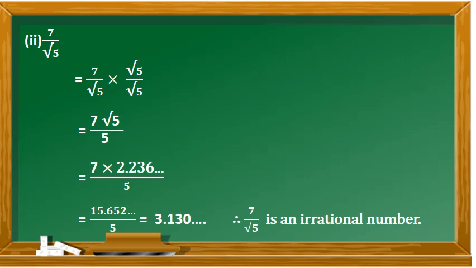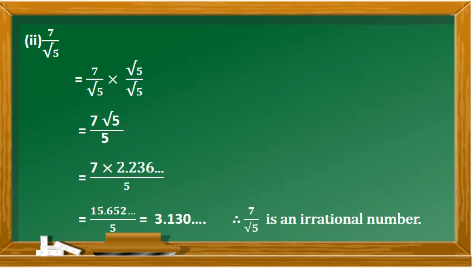So now we have multiplied 7 by root 5 into root 5 by root 5, where you get an equivalent expression. Now the numerator 7 into root 5 is 7 root 5, by the denominator root 5 into root 5, which is equal to 5.